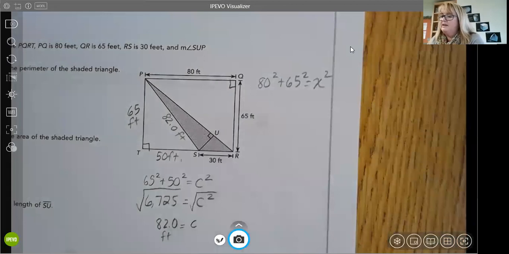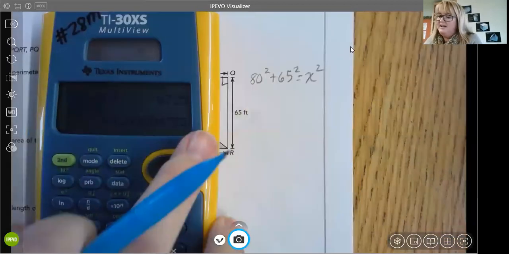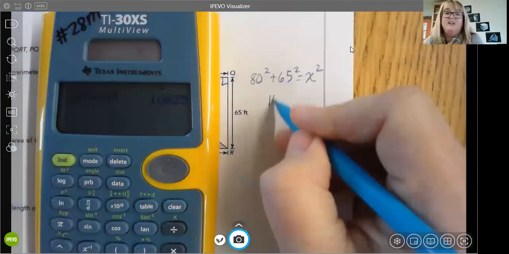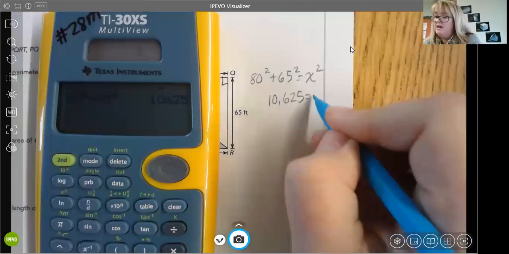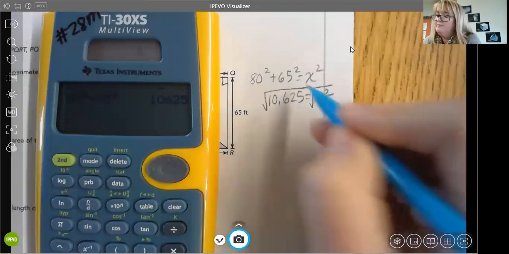All right, in our calculator, let's do 80 squared plus 65 squared equals 10,625. But I don't want x squared, I want x. So I'm going to square root both.